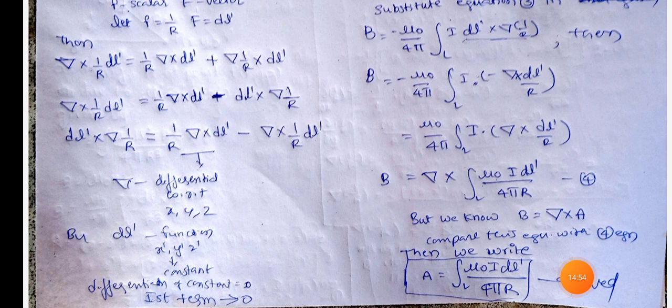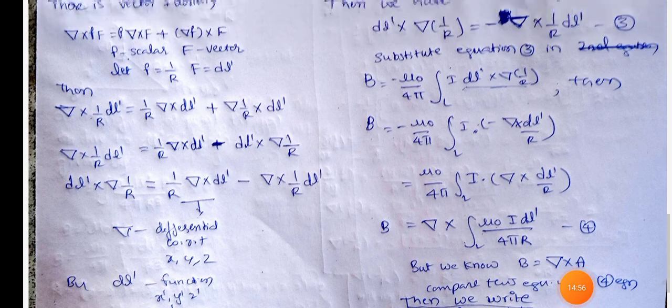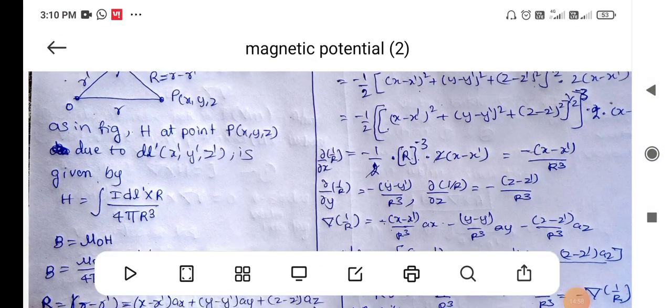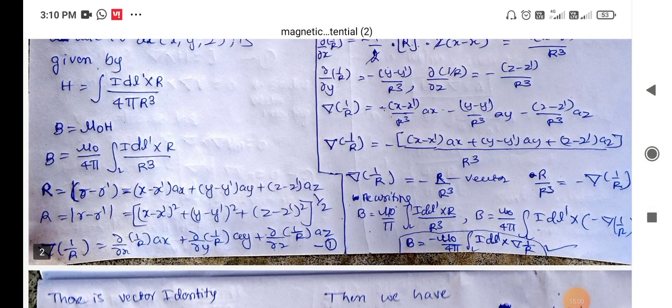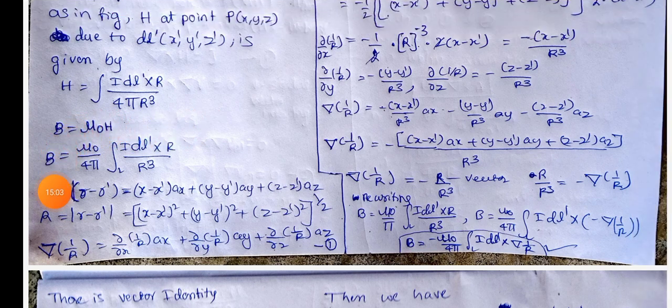So if we look at it overall, we got the equation B equal to the line integral, and the gradient of 1 by r is equal to minus r by r cube. So r by r cube is nothing but minus gradient of 1 by r.